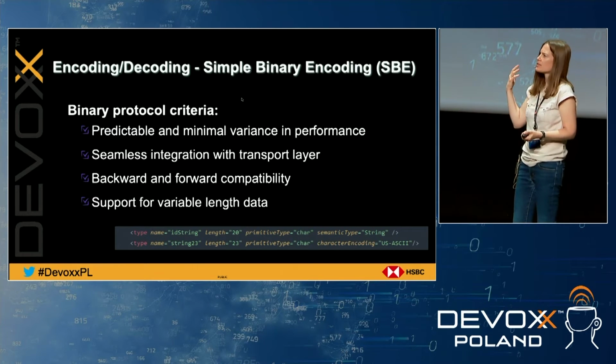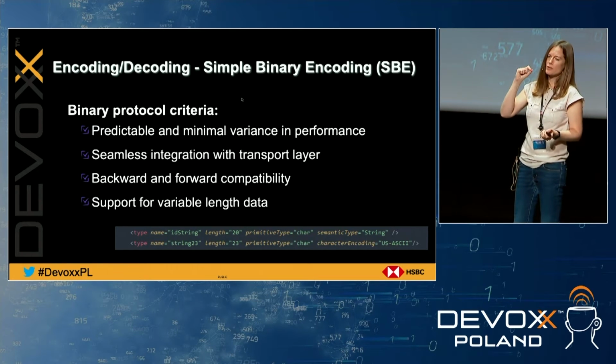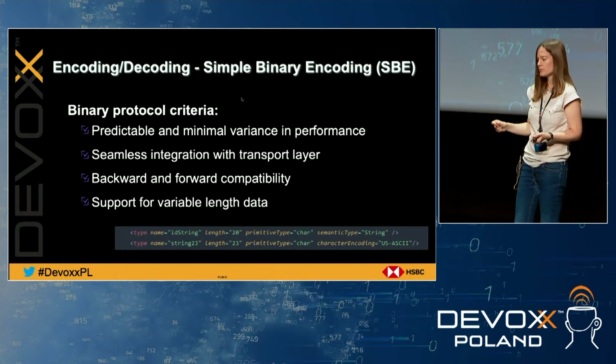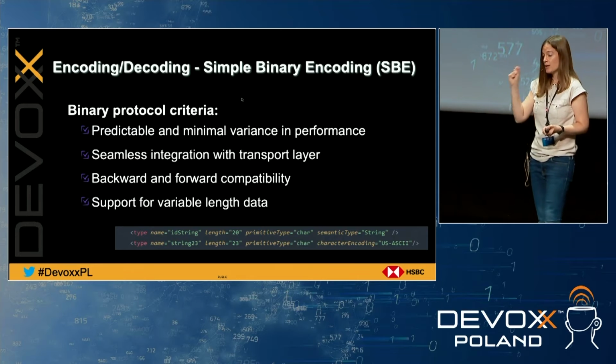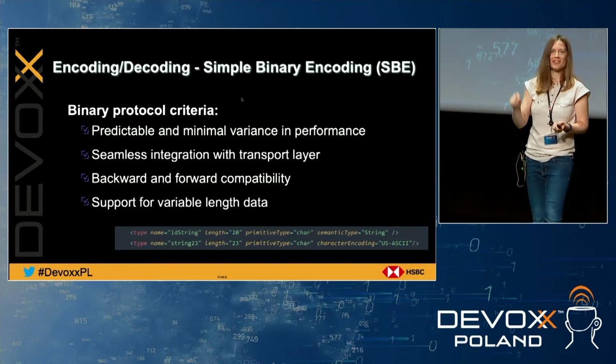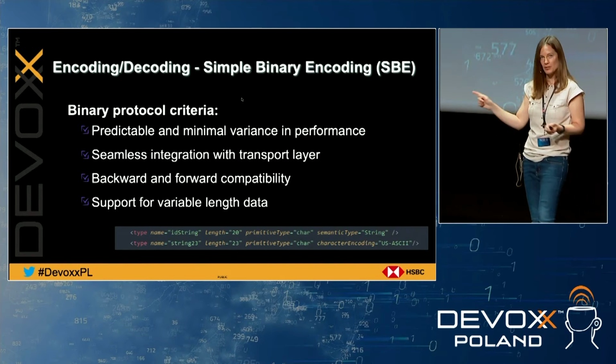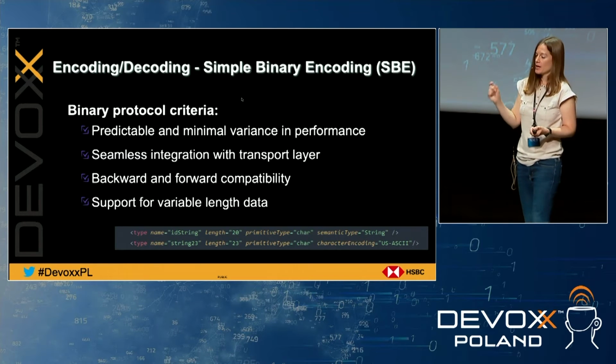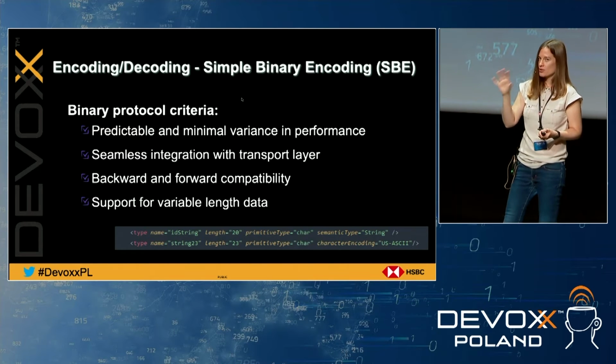And it uses native types a lot, so faster memory access. All of this leads to predictable and minimal variance in performance in your latency, which is great. So that was a good reason to go for SBE.